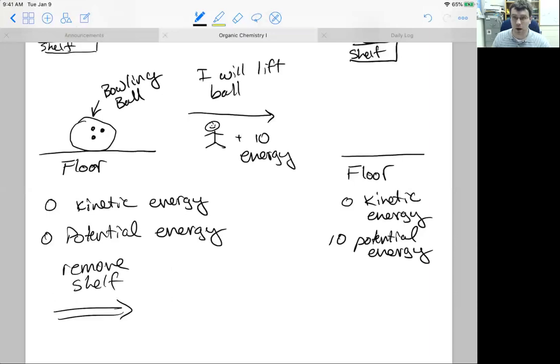Now there's this like Wile E. Coyote moment, if you've ever seen Looney Tunes and the Roadrunner. I mean, in reality, it's not a long moment, certainly, but the bowling ball no longer is kept in place in its arrangement in space and time by the shelf, so it just plunges downward.